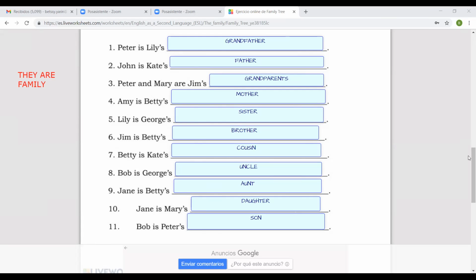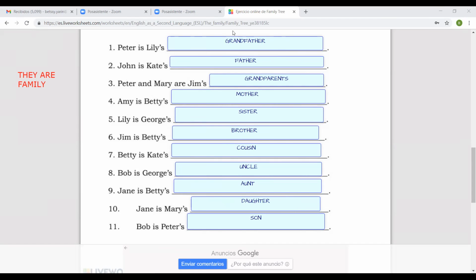Jane is Mary's daughter. Excellent. And finally, number 11, Natalie. Bob is Peter's son. Excellent. Very good, very good.